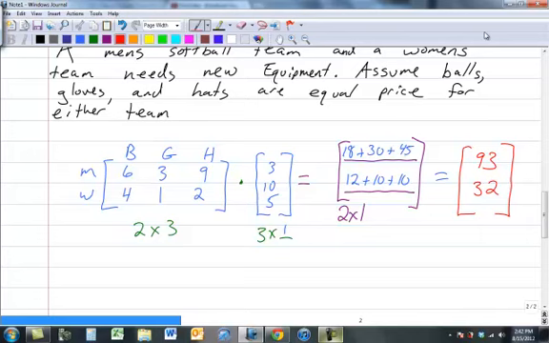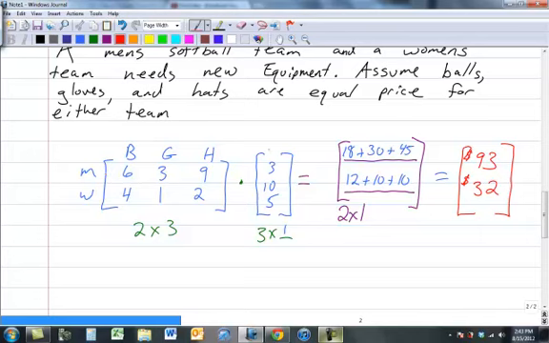All right, so hopefully y'all came up with $93 for the, wait, this is 93, yeah, dollars for which team? For the men's team. And $32 for the ladies' team. All right, so hopefully this demonstrates why we have to multiply as rows times columns.